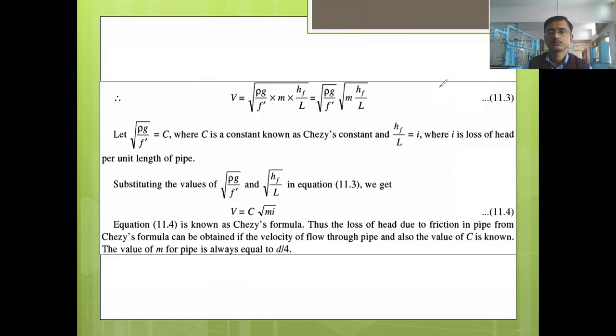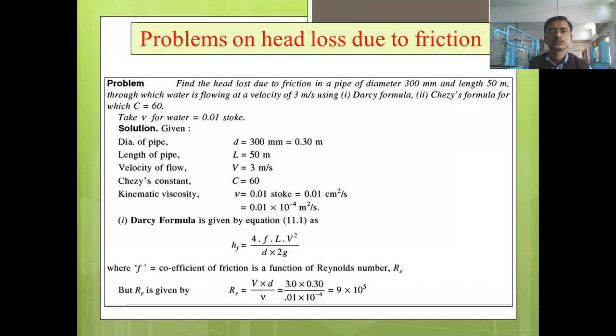Now we will solve the problems here. Write down problem number 1. Loss of head due to friction.